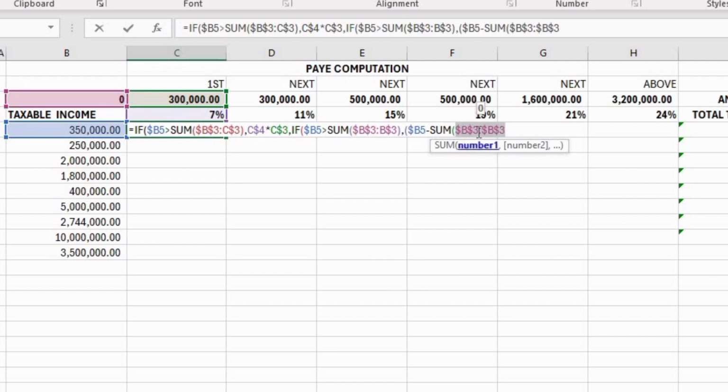This is done to get the excess amount above the taxable income. Again, we'll be fixing the whole of the column and the row of the first B3 because that's the point where the sum is starting from. But the second B3 would be fixing just the row. Then we can close the bracket for the sum function.